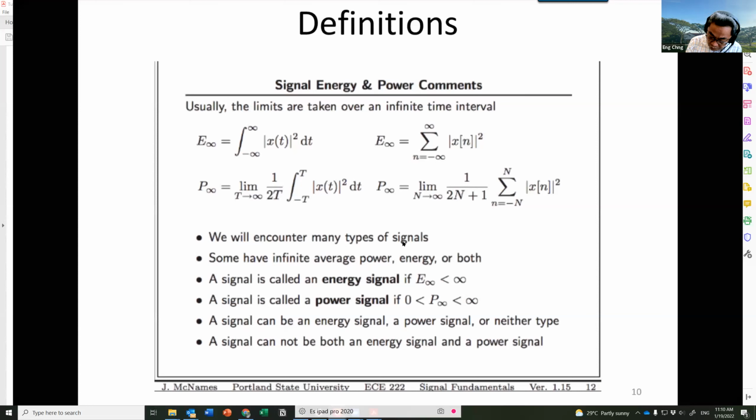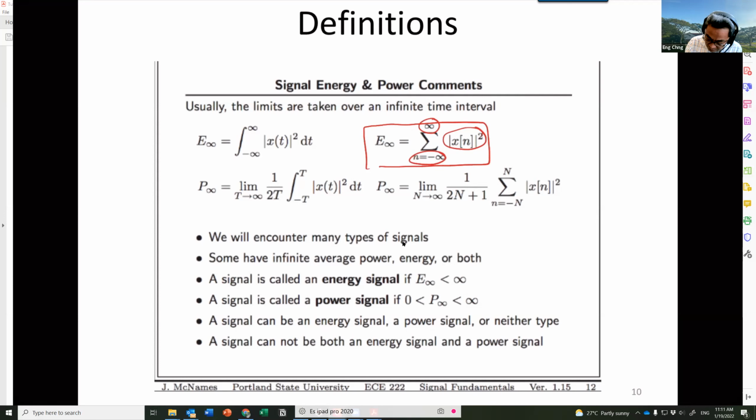What is energy? For discrete time, take all the samples, square the samples, and sum them. That is the energy. That's for discrete time.